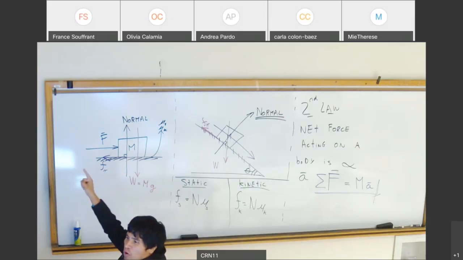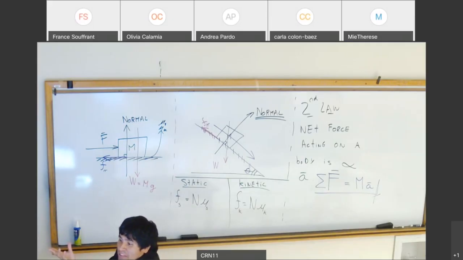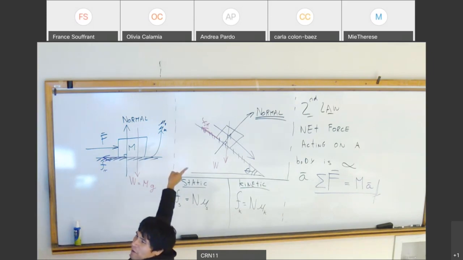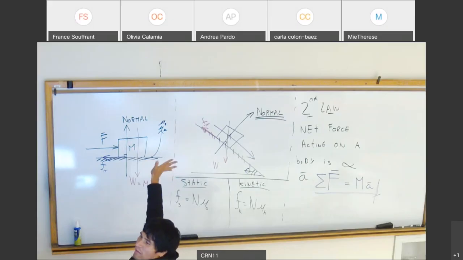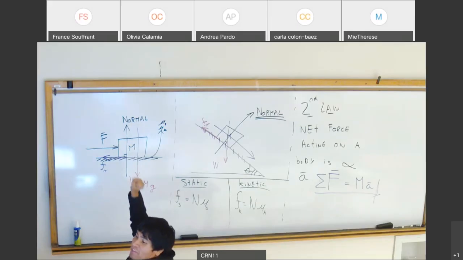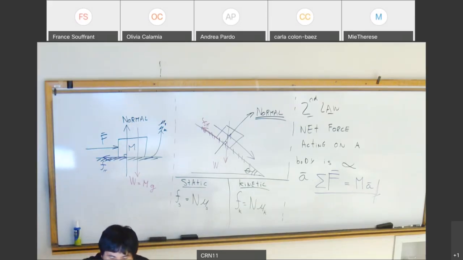There are 4 forces acting in there, and the object is not moving. The friction is the same as the force, but probably higher. And there's also weight and normal forces acting, right? So there are 4 forces, no motion. That one as well, right? I said that you can have a situation where the mass, even though it's on an inclined plane, is trying to fall, but if there's friction, it will remain static. And there are 2 forces already acting there. All right? So it's true. Okay? It's true.